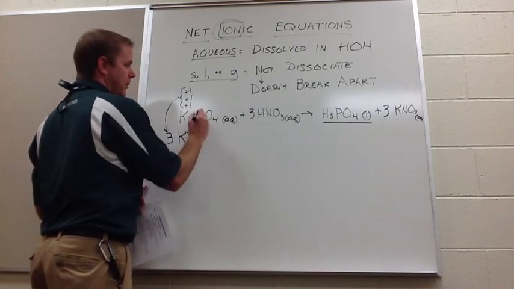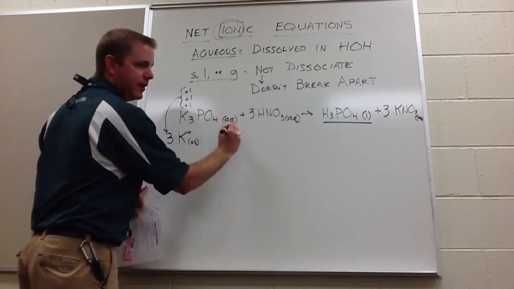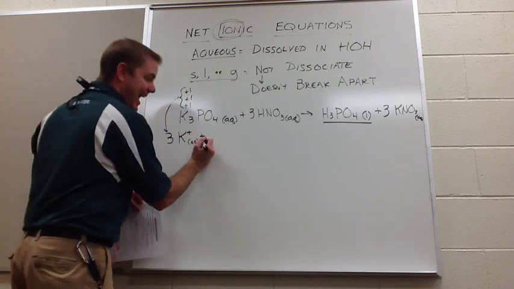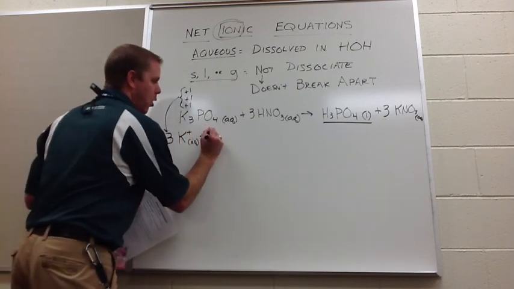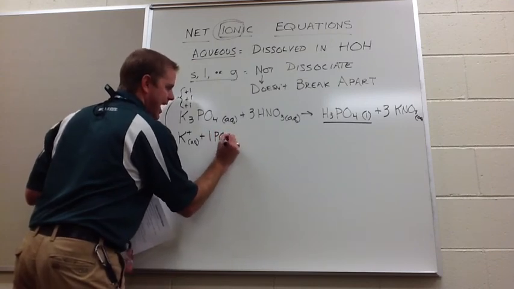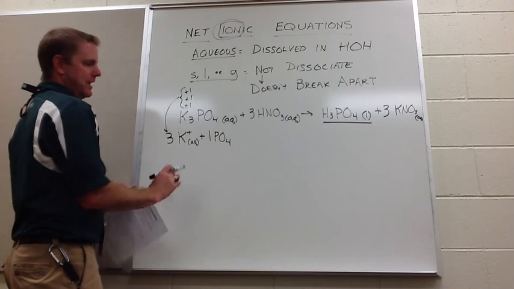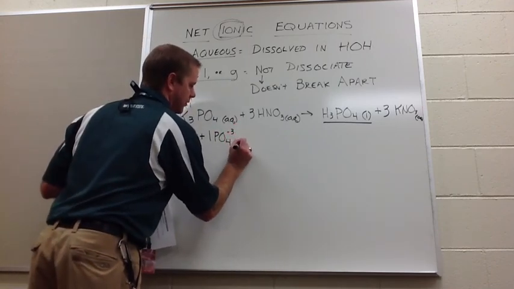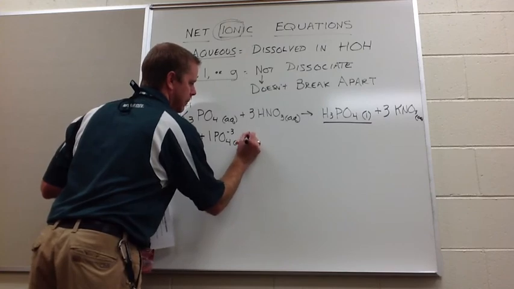PO4, there's only one of them. If there were more, there would have been parentheses and a number. So that breaks down into 3 K pluses and 1 PO4. Now it's an ion because it's not bonded to these potassiums. Therefore, its charge is -3, and it's still aqueous.